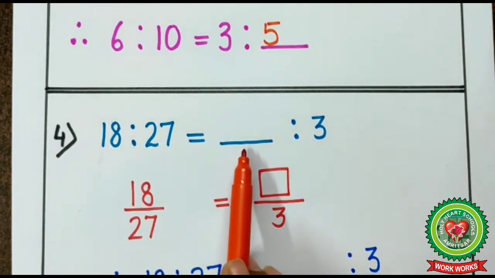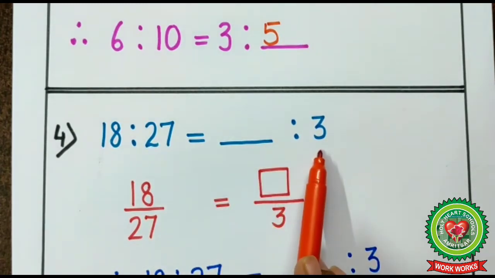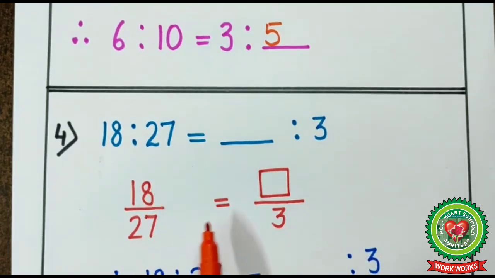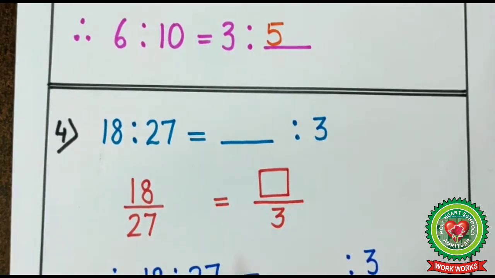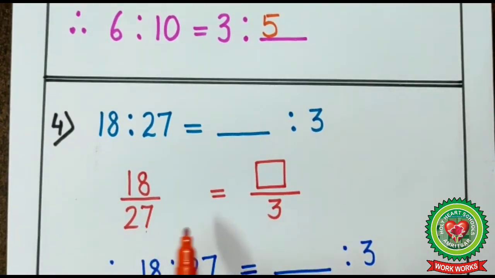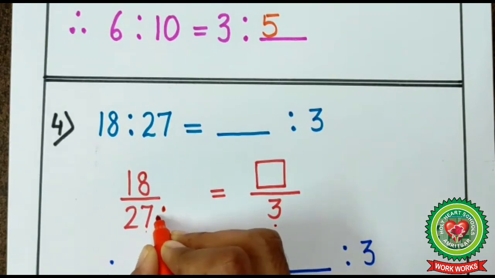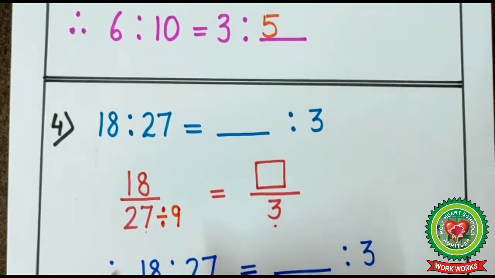Now let's see one more example. 18:27 equals to blank ratio 3. Now here 18 upon 27 equals to box upon 3. So again 27 is greater than 3. So by which number I will divide it to get 3? Yes, here I will divide it by 9. So when I will divide 27 by 9, here it comes 3.